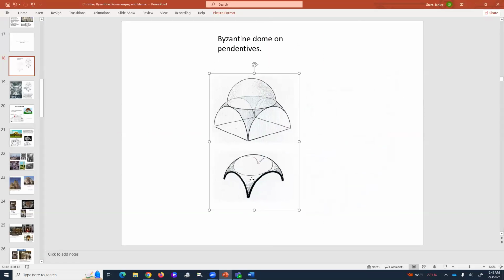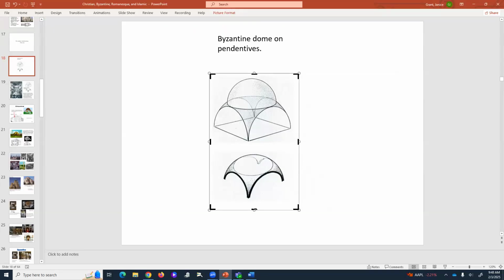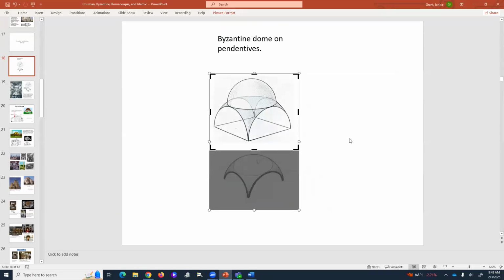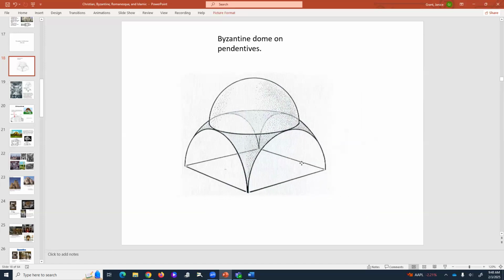You won't need to do this bottom one, but it could be a way to illustrate a couple different, Byzantine dome on pendentives. I could skip.